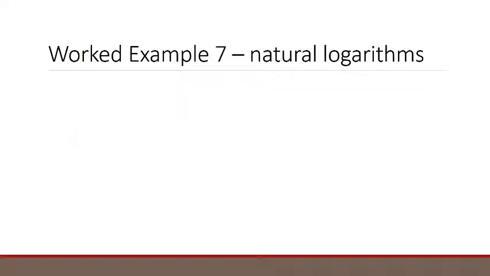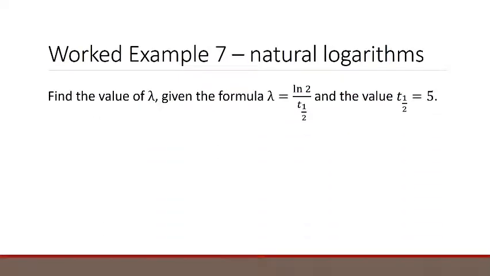For worked example 7, we're going to use natural logarithms. Now, at the moment, it doesn't matter what those are. Just understand there's a button on your calculator that can find natural logarithms really easily. And here's the question.